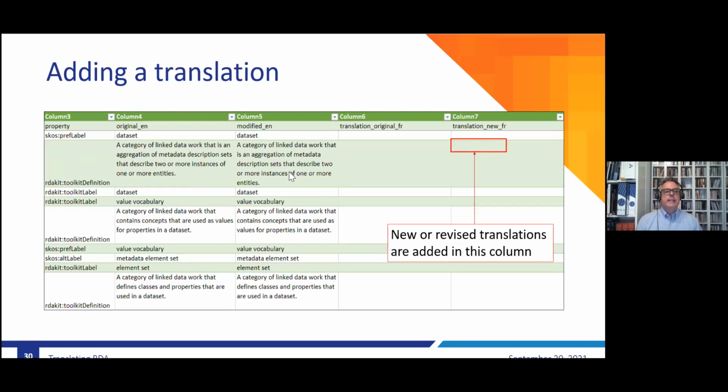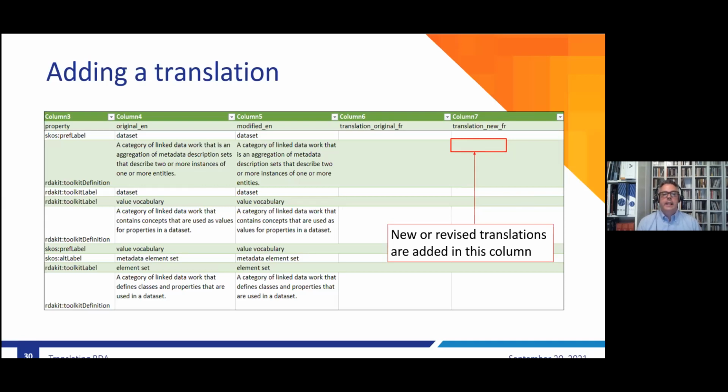Adding a translation is relatively easy. The template includes a column specifically for new or revised translations. Only the new translation column should be altered, and translators are told that the content in all the other columns must not be altered in any way.